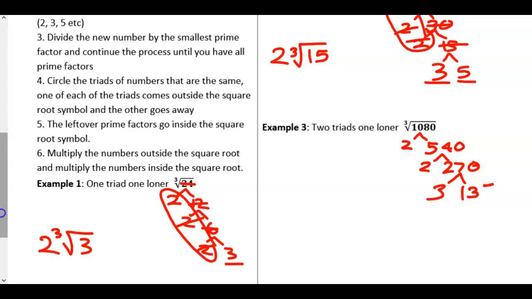Does 2 go into that? Nah. So let's try 3. 3 times what? 135. 3 times 45. True. Okay, 45 is 3 times 15. And then 15, 3 times 5.